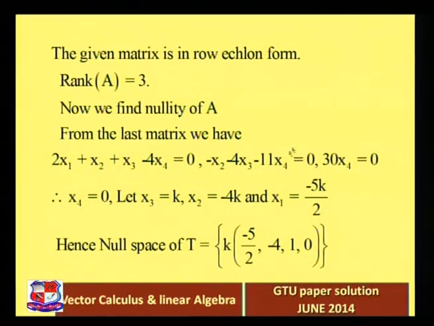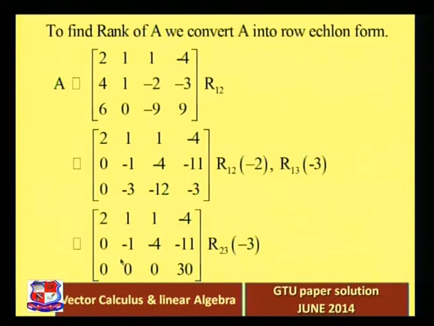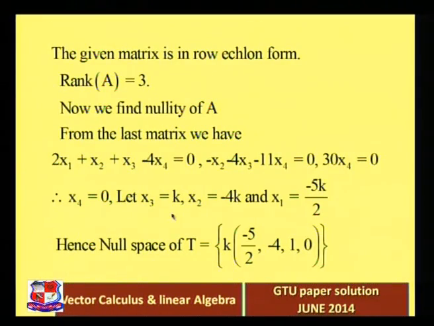Put the value of x4 equal to 0 in this equation, and let x3 be equal to k, right? Because in the third column we don't have any leading entry. You can see the first column has a leading entry, the second column has a leading entry, and the fourth column has a leading entry, but the third column doesn't. So that's why we take x3 equal to k.